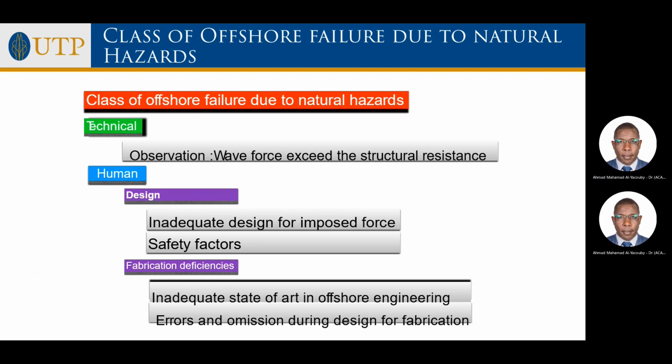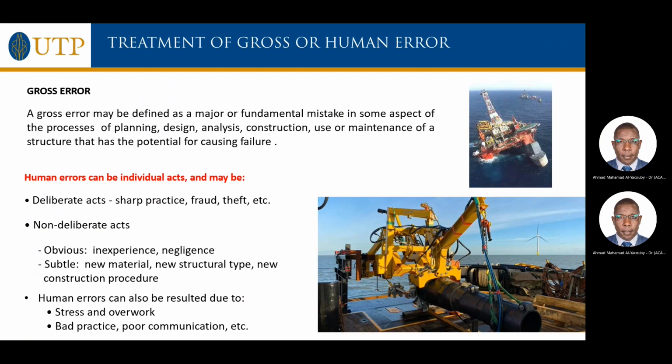We have the design error, which means during the design process itself, there is some human error. Maybe the software used is not adequate, or the force and the load considered during the design are not appropriate. So this will lead to human errors. We also have fabrication error, which is common in the construction industry.